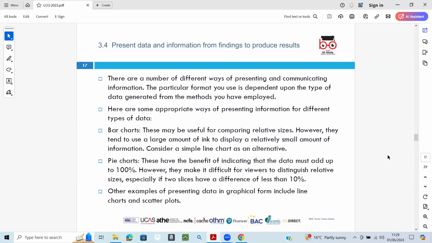And the choice of presentation format depends on the type of data collected and the key messages to be conveyed. So we have to discuss some appropriate ways of presenting information on different types of data.